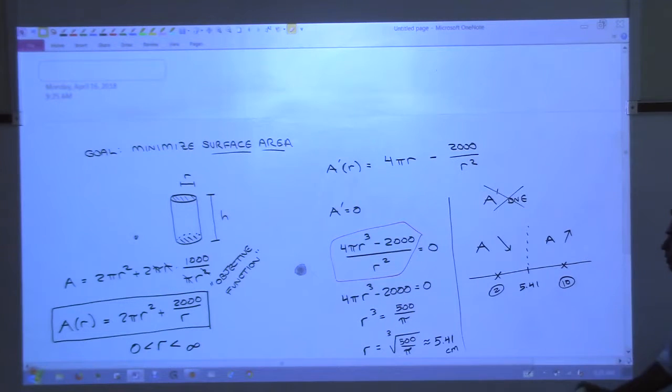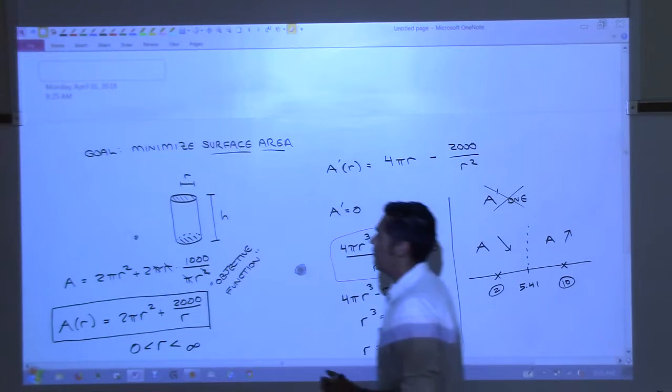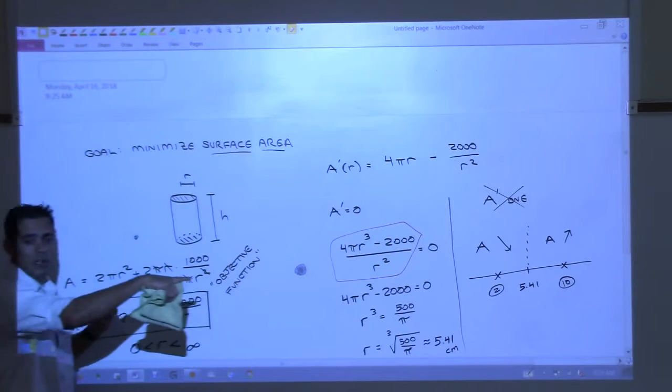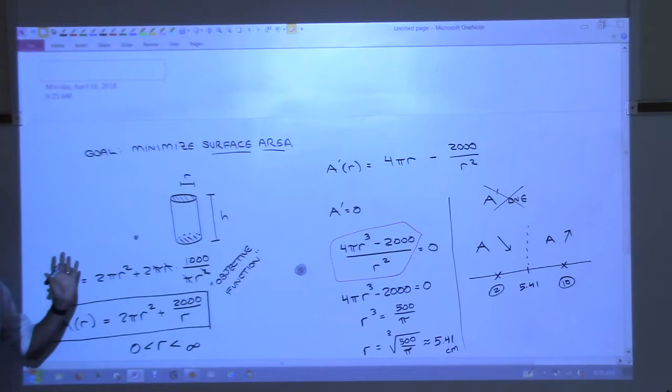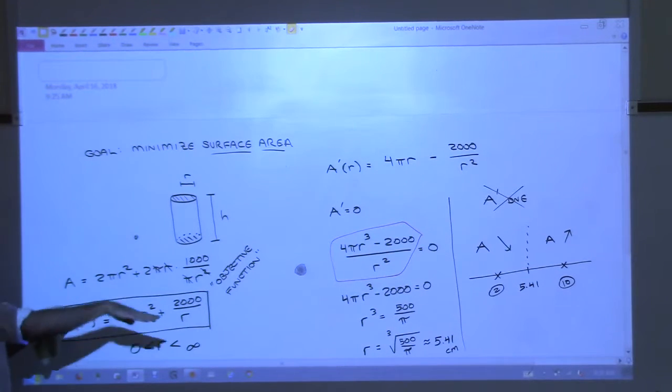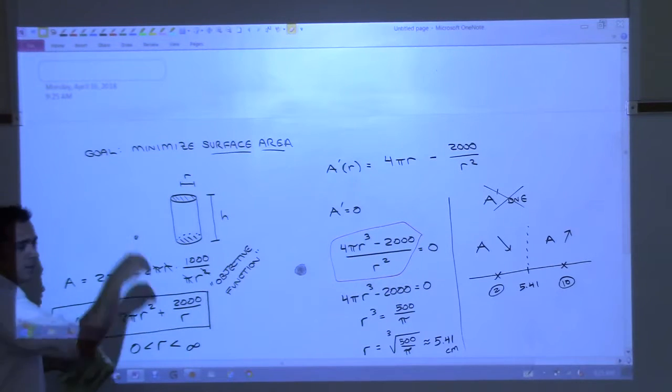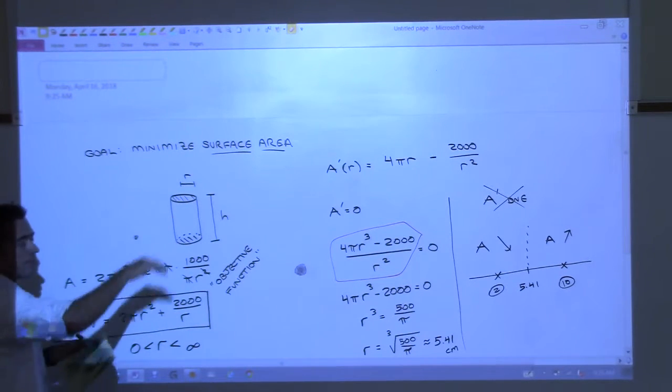Okay. So now what I say is we have a minimum value, and this is the only minimum, right? There's no other minimums out there, or else our function would have to do that again somewhere. But it doesn't. It only goes down then up, and that's it.